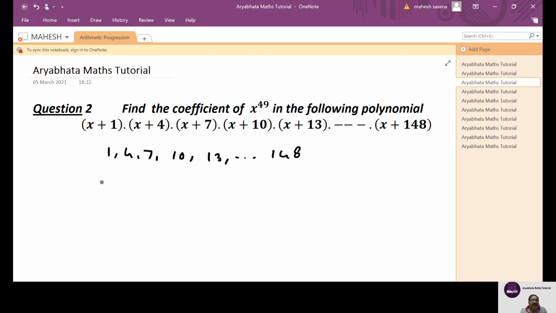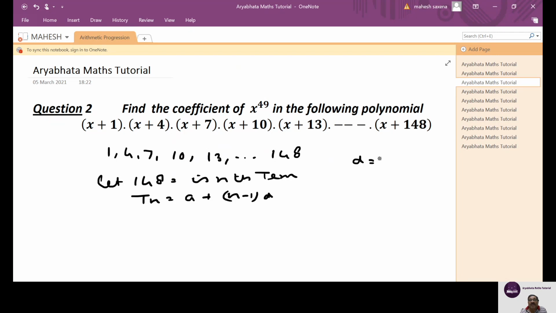Now let 148 be the nth term. Therefore, Tn is equal to a plus n minus 1 into d. In this series, common difference d is equal to 3. Therefore, 148 is equal to 1 plus n minus 1 into 3.